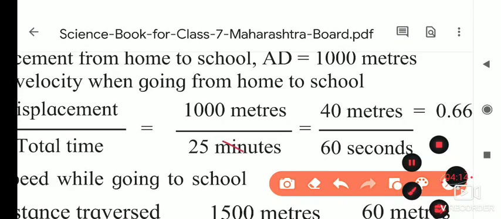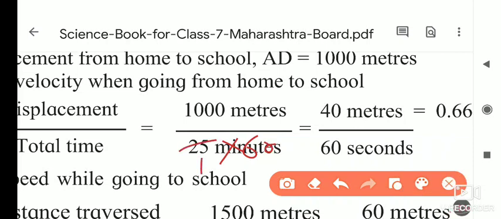So here we have to take 25 into 60. 25 ones are 25, 25 fours are 100 and the remaining 0. Okay, and 40 upon 60 is its answer. Now 10 fours are 40, 10 sixes are 60, and when you divide this by 1 by 6 you will get the answer 0.666. Okay, 4 by 6. First of all 4 is not divisible by 6, so here take 0 point.